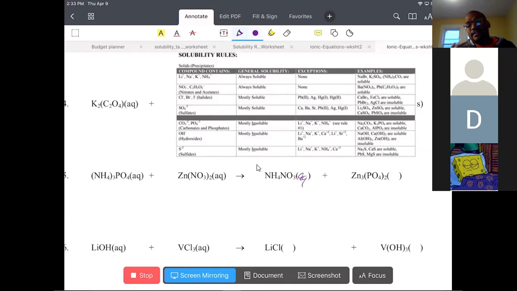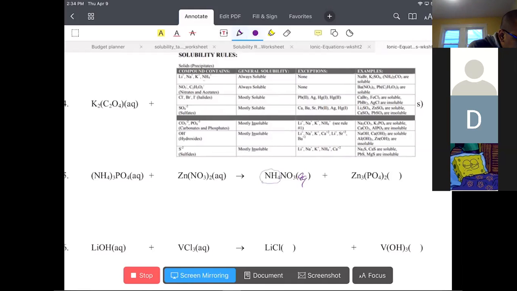And the way that we did this, Danny, is the way that you determine the state is you have to see which part shows up in the chart. And the chart is on the resource sheet that's on Google Classroom.